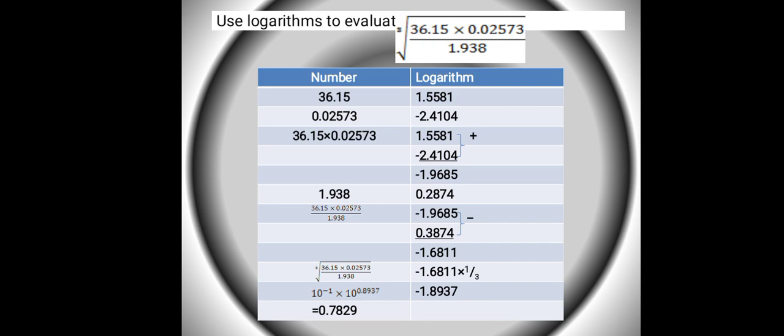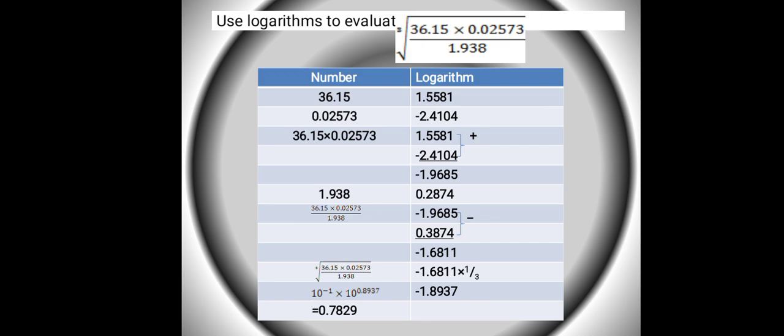Now let's get the logarithm of 1.938. It is 0.2874. Now we divide the numerator by the denominator. It means subtracting 0.3874 from 1.9685, we get 1.6811.